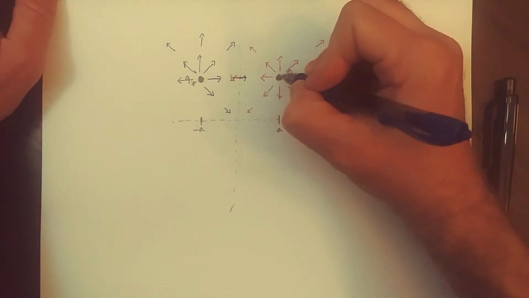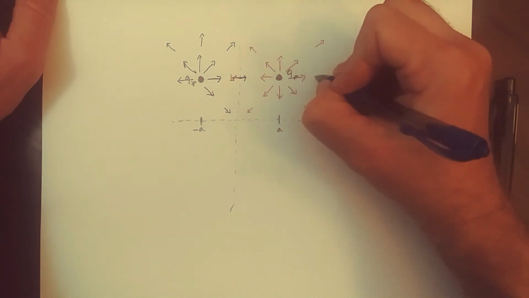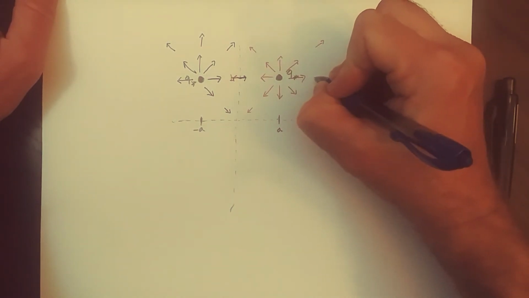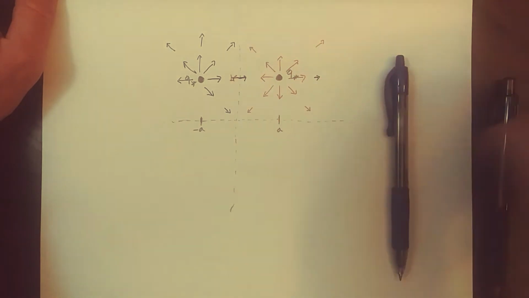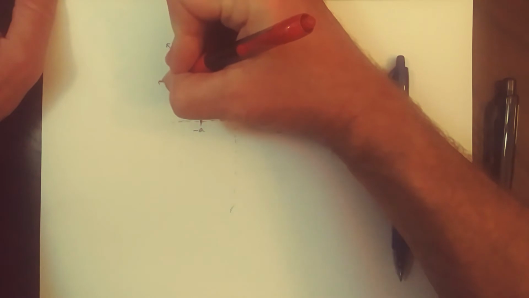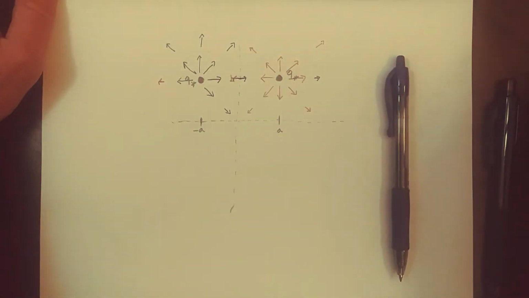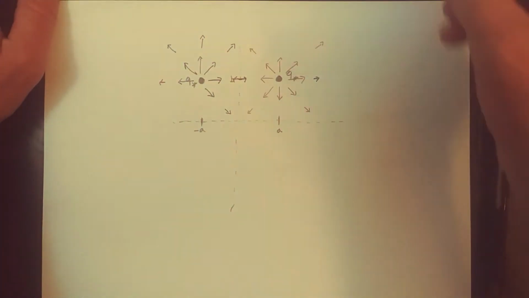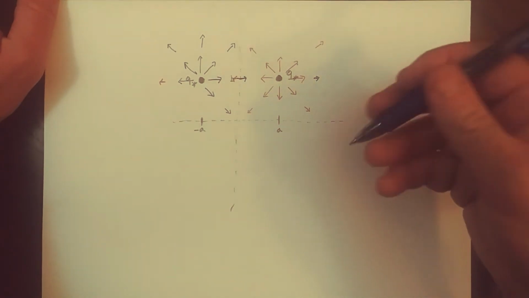Of course, there are blue field lines over here as well, so there's a small blue line there, say, and there's a small red field here. And so we could continue, mapping out the electric field everywhere in space.